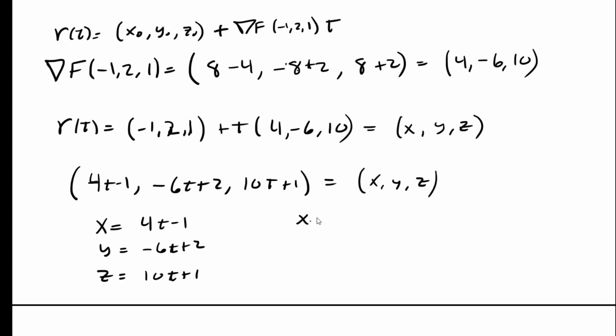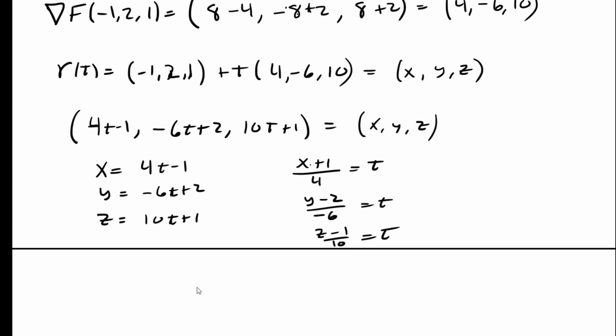So what I'm going to do in each of these, I'm going to solve for t. So I have x plus 1 over 4 equals t. And I have y minus 2 over -6 equals t. And finally, z minus 1 over 10 equals t. And this gives me the symmetric equations.